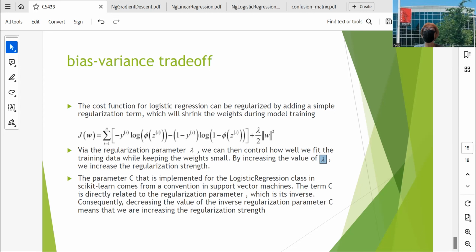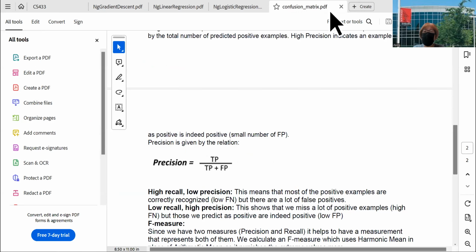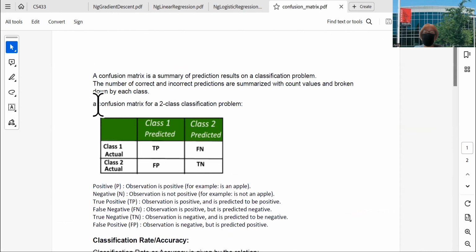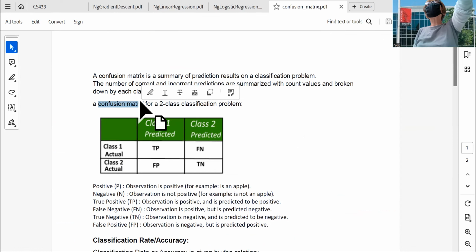Okay, so all these are theoretical information. Another concept we need to know, which we will also see later in our examples, is called the confusion matrix. In the last class, we just learned one measure of performance, accuracy.